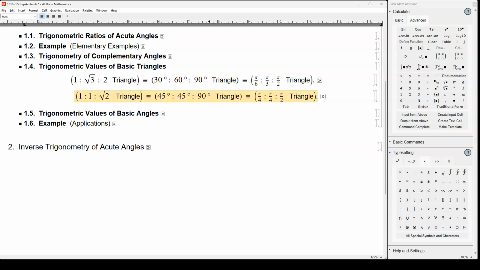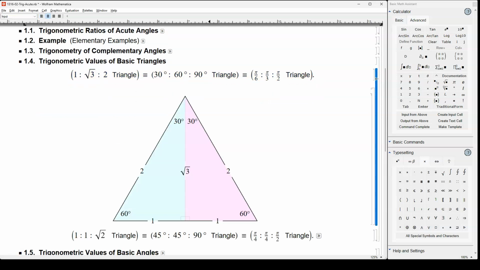This is an isosceles triangle, right? And the other one is actually coming from an equilateral triangle. We begin with an equilateral triangle with sides 2, and then take a bisector of one angle so that this bisects 60 degrees into 30 degrees, 30 degrees. And this bisector of this top angle bisects the bottom side, the opposite side, perpendicularly.